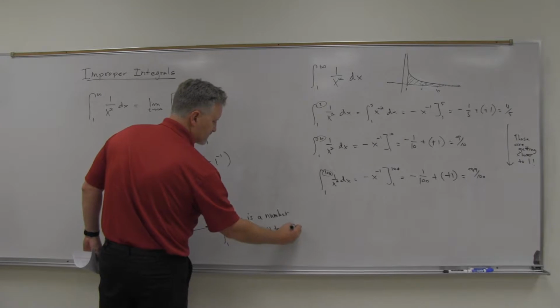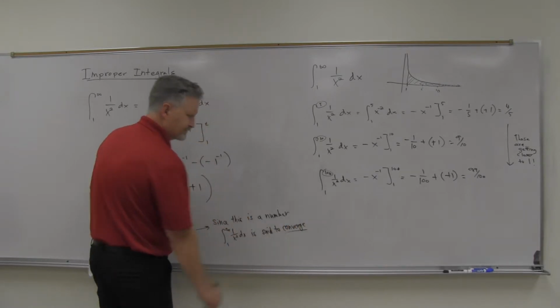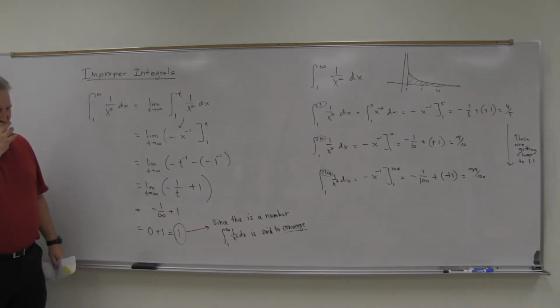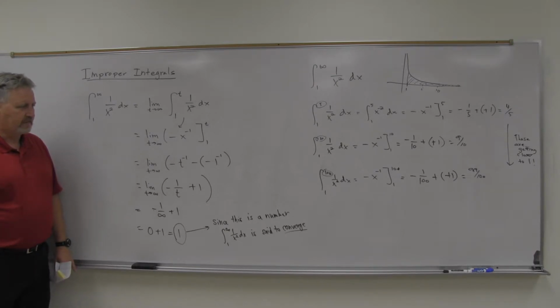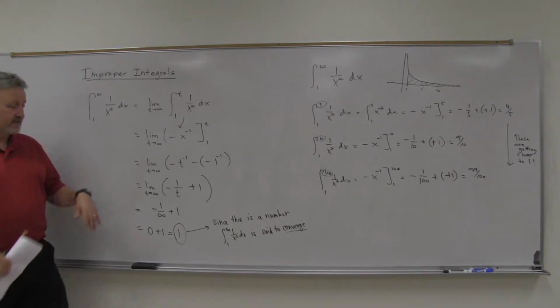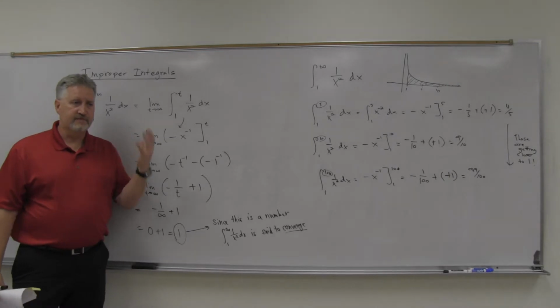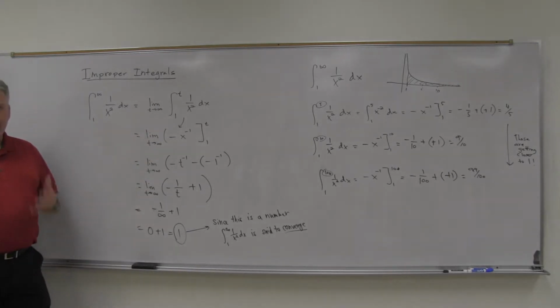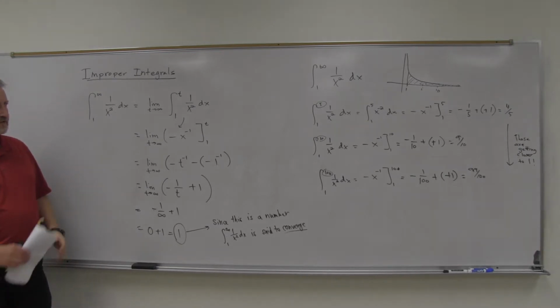I don't think we've used that term before in our discussions, but we're going to use converge, and then if it goes to infinity or does not exist, diverge. It diverges. So this one, since it goes to a number, converges.